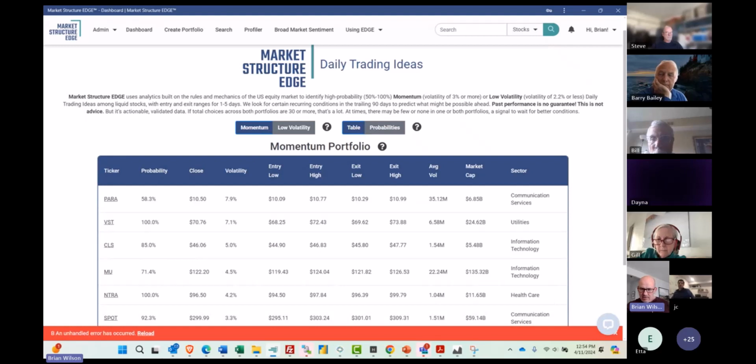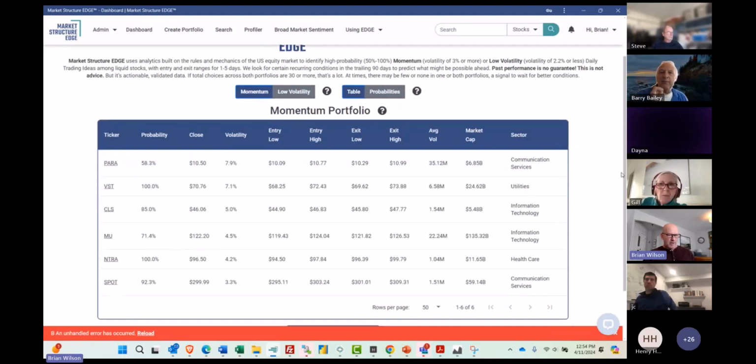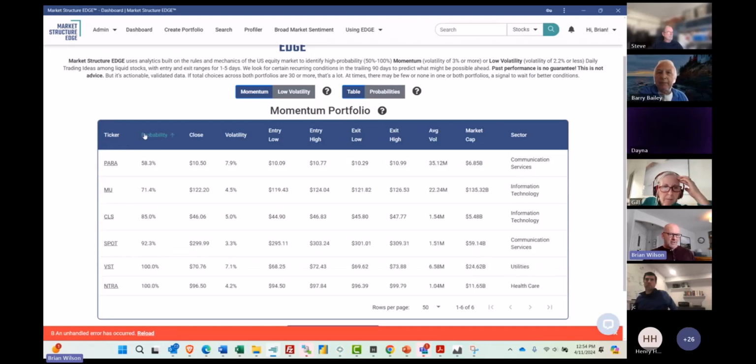So when it comes up, you get momentum, you get low volatility. To your point, Barry, right now, if you would pull this up, this is how it would go, and that's a good idea. We'll mention that to Tim. As you can see right now, it's going from high to low on volatility. I do the same thing you do.